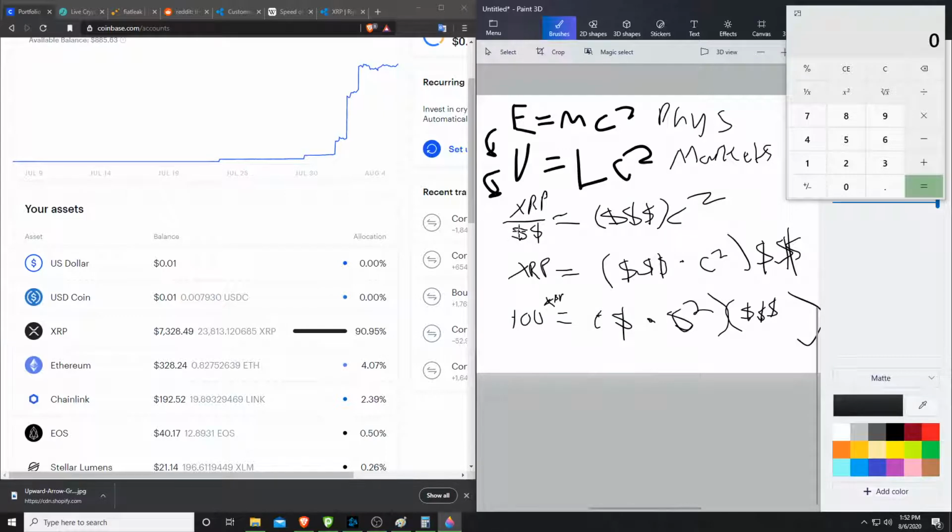You know, we moved this dollar bill to this side, which means that we have then multiplied our dollars through the equation. So now we can actually see what this XRP is actually worth.